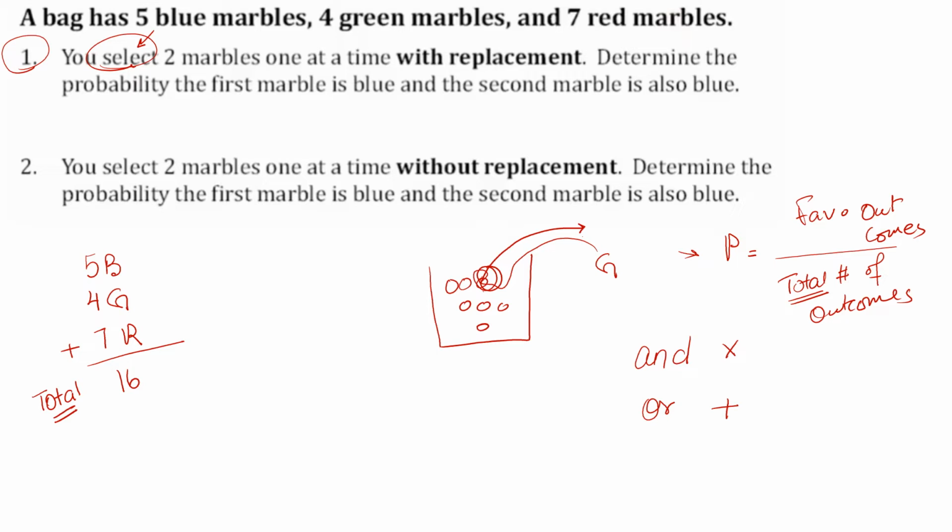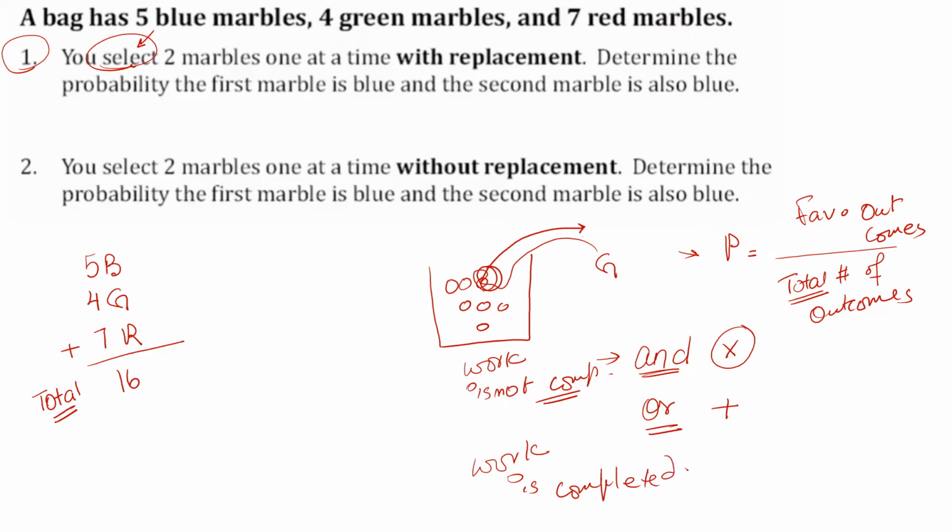Just understand with the situation when you will put a multiplication sign before writing the probability, or the plus sign. So remember that if the work is ongoing, it means the work is not completed. In that case, you will use the multiplication sign. And when the work is completed, then you will use the plus sign.